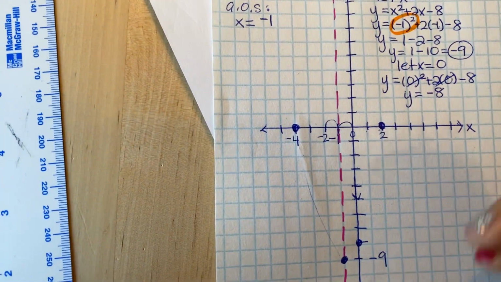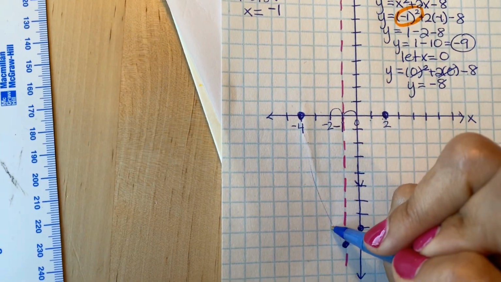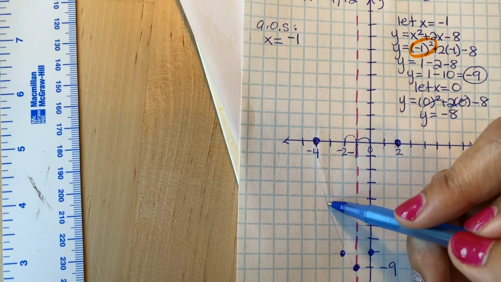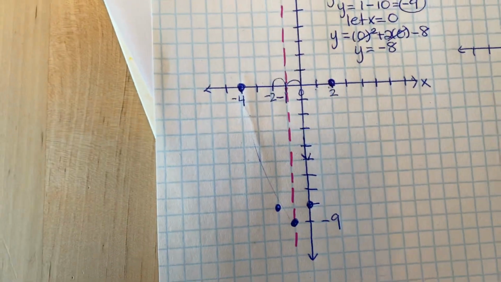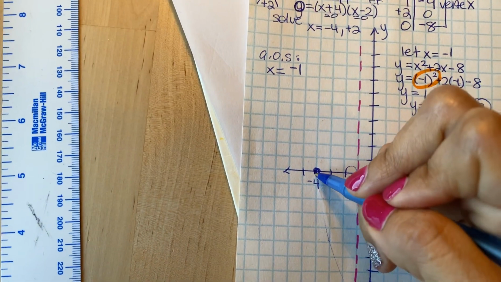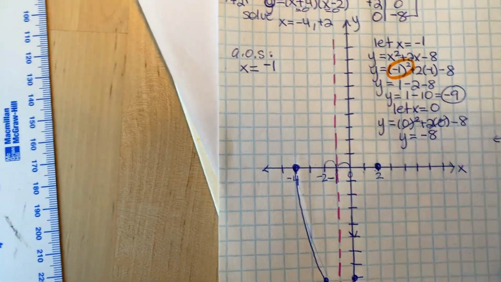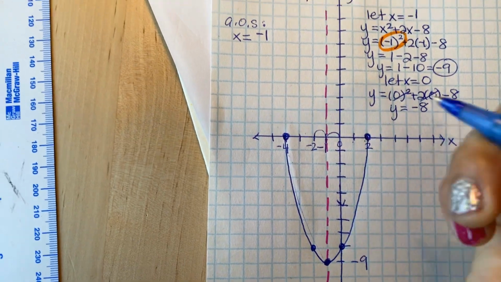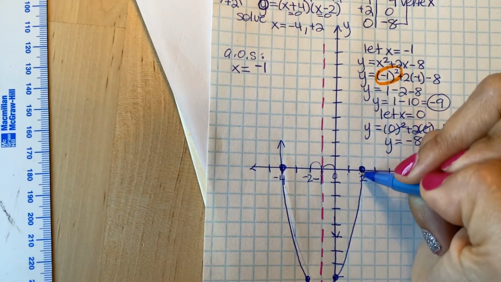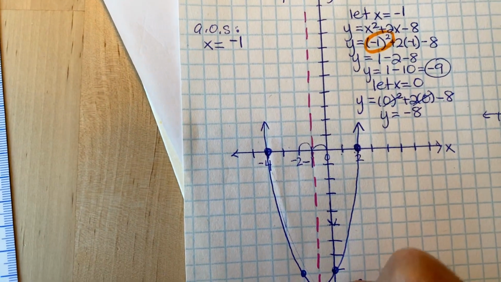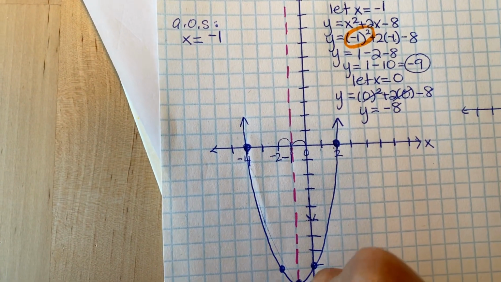I could have gone a little further out to get more of the body, like here would be probably somewhere right here. Now you connect, and there is your parabola. Hey, that came out okay. And here's our vertex, -1, -9.